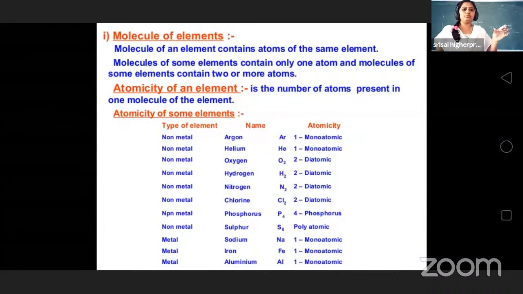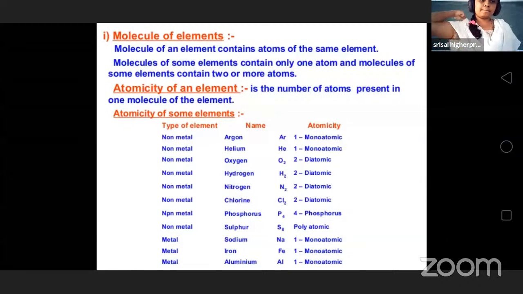What is the water formula? H2O, right? H2O is water. Now tell me, what is the formula of ammonia, students?